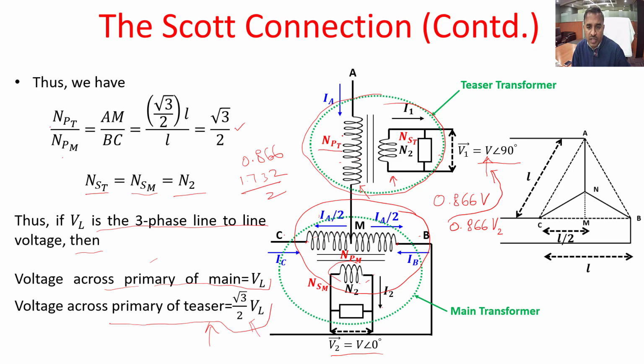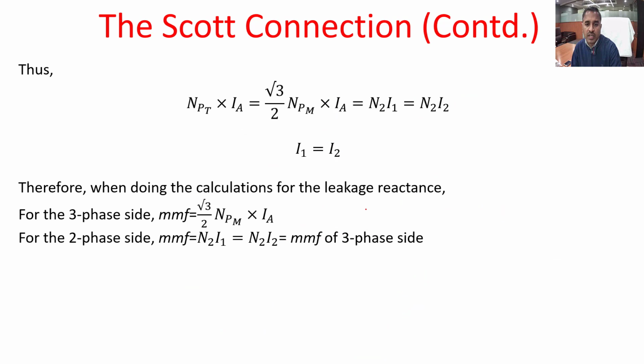NPT is the number of turns, so NPT into IA is the ampere turns, or MMF, produced by this winding, which must be equal and opposite to that produced by the secondary. Therefore N2 into I1, and since I1 is equal to I2, this must be equal to N2 I2 also.